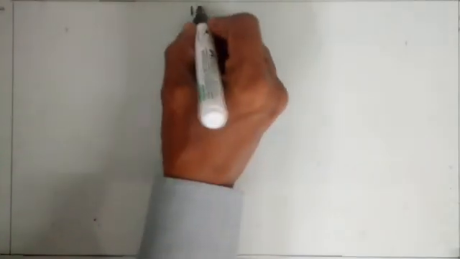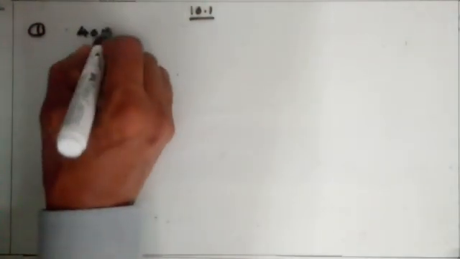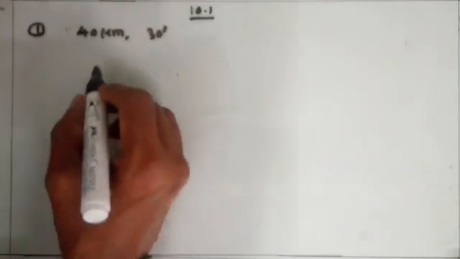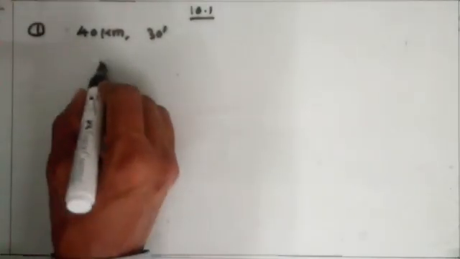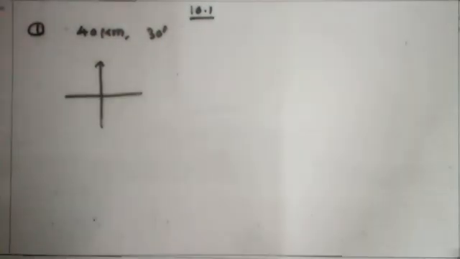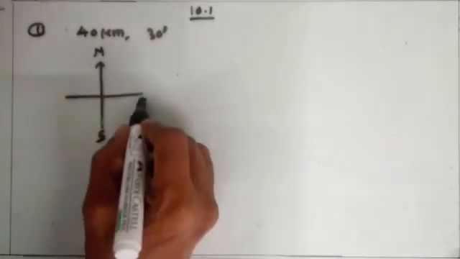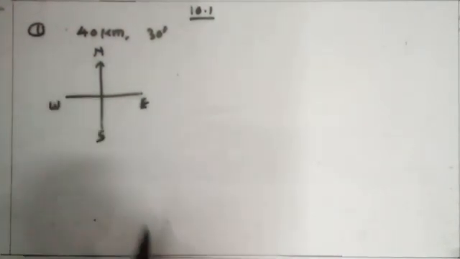Now here we solve the questions of exercise 10.1. First question: represent graphically a displacement of 40 km, 30 degrees east of north. We know that there are north, south, east and west.